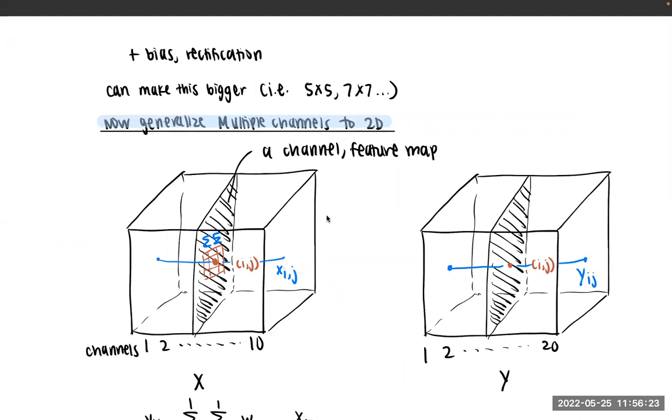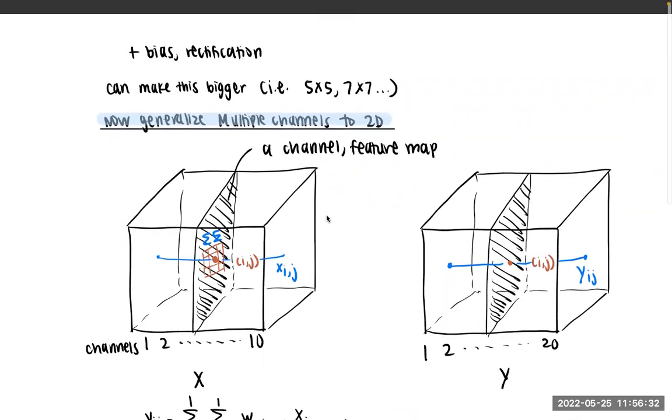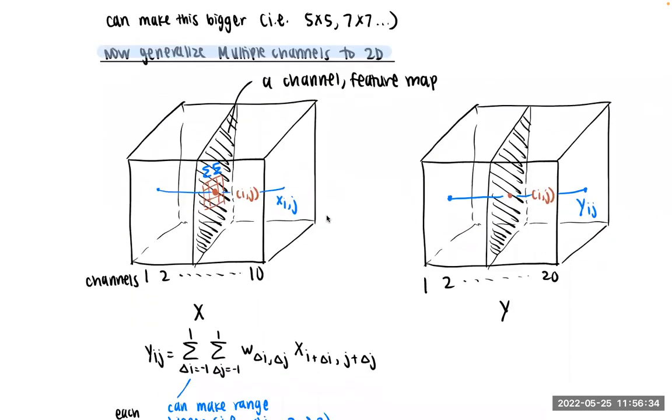Okay, so now we can continue to generalize this to multiple channels, just like what we did for the one-dimensional situation. And for multiple channels, we draw the picture in this way. So we use a 3D plot. So this is one channel. For example, this is a 100 by 100 map.